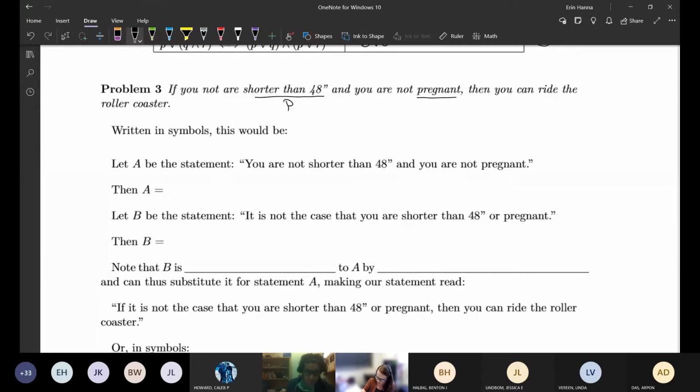You are pregnant is going to be Q, and can ride the roller coaster is going to be R. Notice that I did not bring the nots in at all. I'm going to leave those out as actual nots. So what this would turn into in symbols is if we have not shorter than 48 inches, so not P, and not pregnant, not Q, then gives us our implication, you can ride the roller coaster.